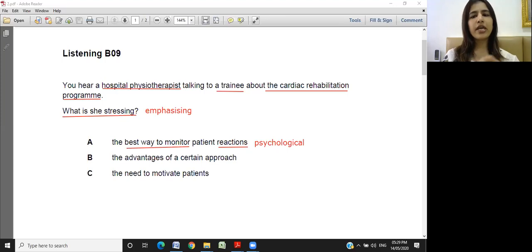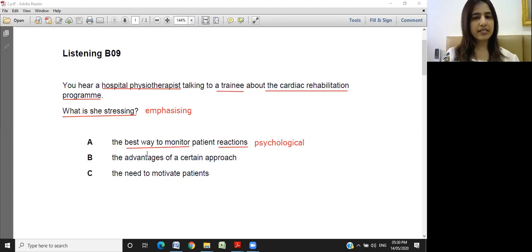So if the best way to monitor is by observing, yeah, natural, right? How can you find out or monitor patients' reactions is by observing their expressions, the way they look at it, their smile, whether they are grimacing or smiling, or their eye movements, their body language, posture.